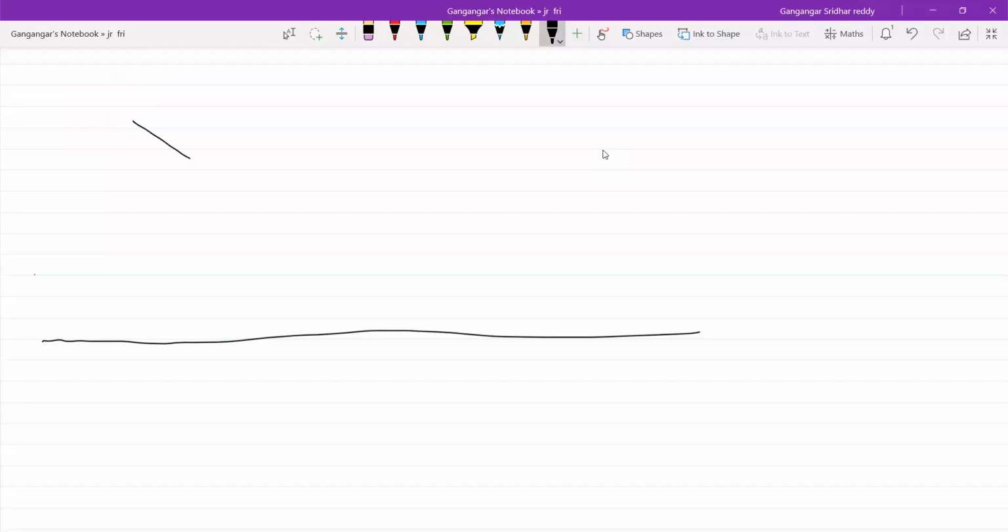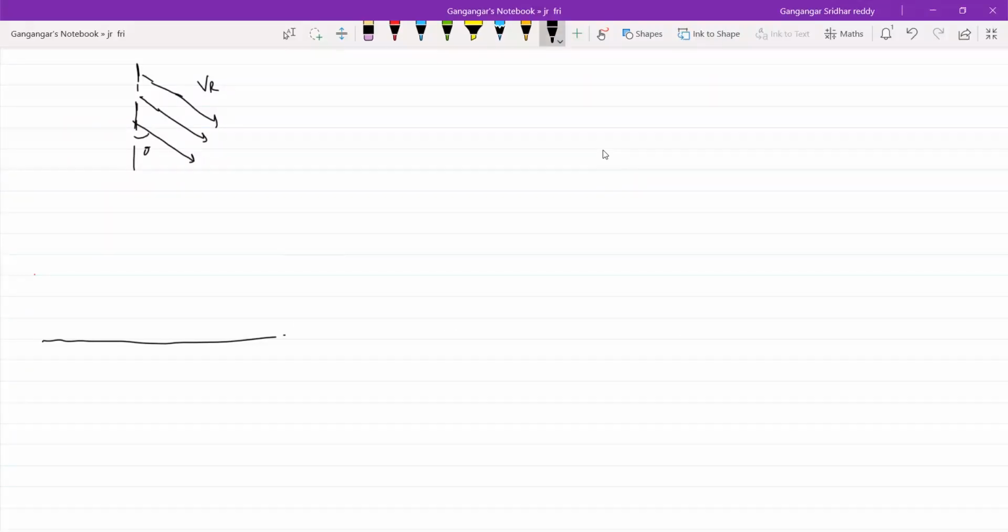The rain is falling at an angle theta. This is VR, and this would be the velocity of the person.